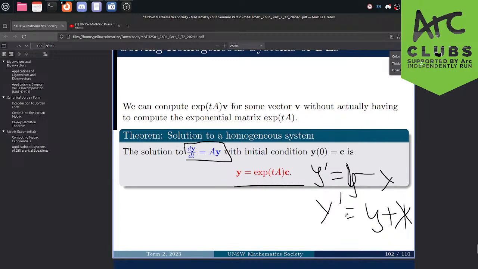You can write this in vector form, right? So you write the vector y equal to (x, y), and then you say y vector prime is equal to the matrix times the vector. So I guess it has to be a function. Let's just say this whole thing is multiplied by t, something.